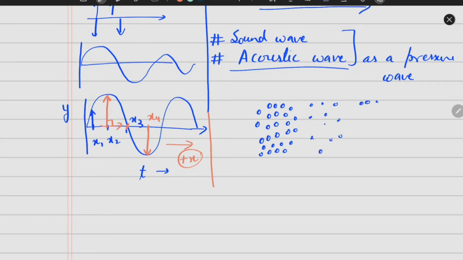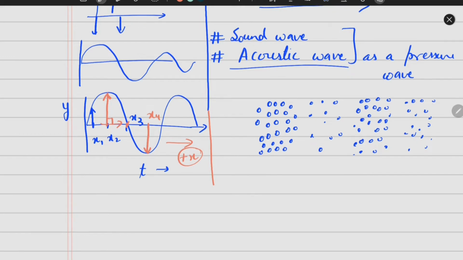again compression, again rarefaction. So this is how the longitudinal wave is propagating in the air.